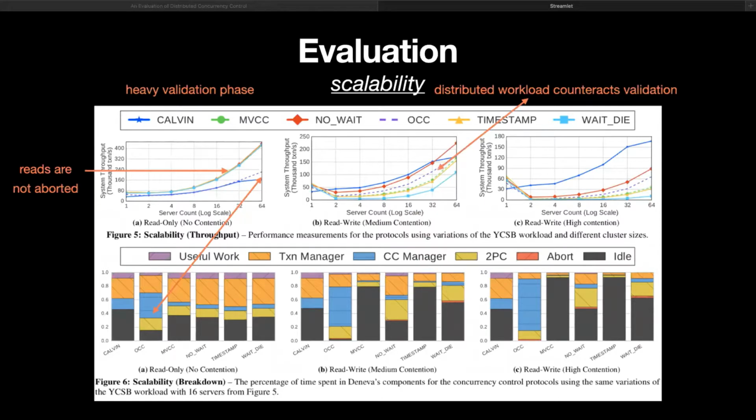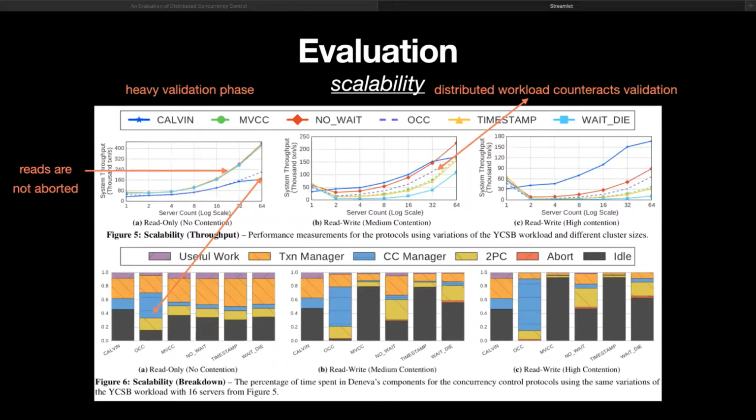But in the next case, as the skew is 0.6, when there is a fairly good mixture of read and write transactions, we see that Kelvin shows the most increase and provides way better performance.